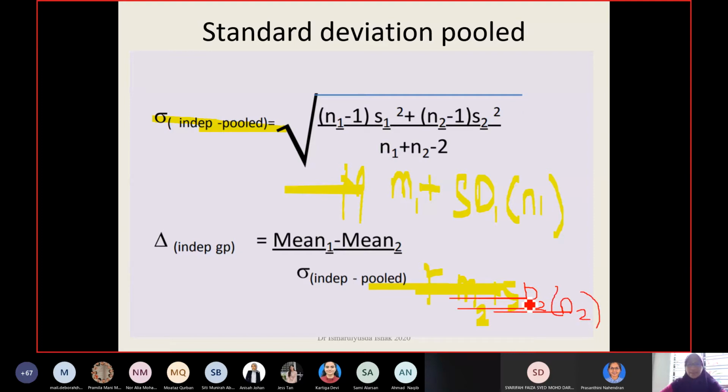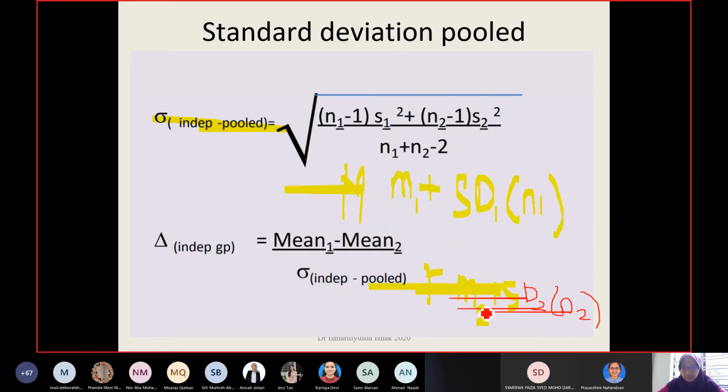So in this calculation, don't look at that drawing, very bad. Calculating the standard deviation manually, you need mean 1, mean 2, standard deviation 1, standard deviation 2, and N1 and N2.